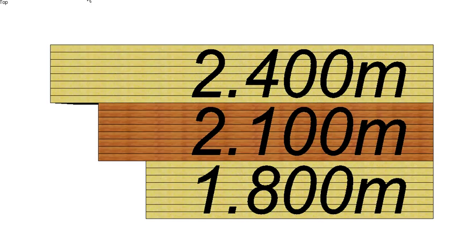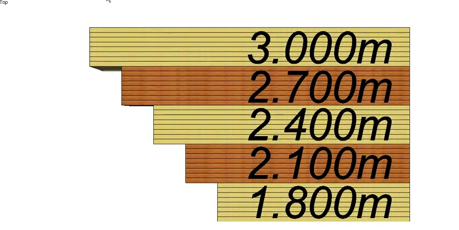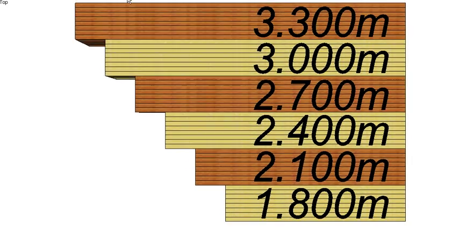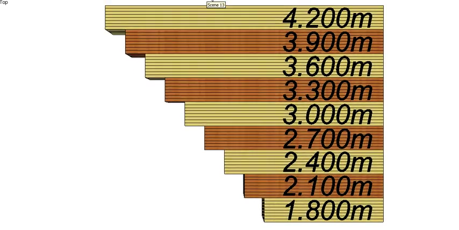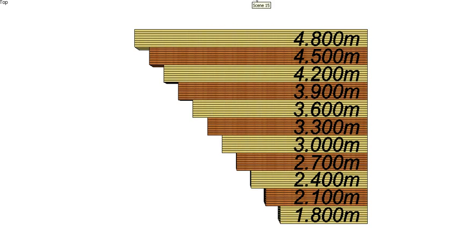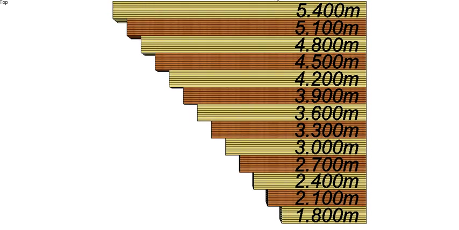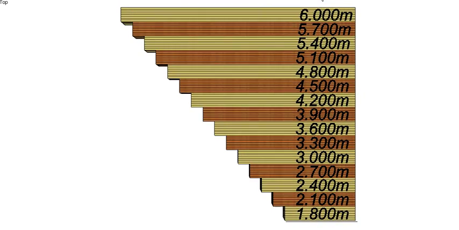So 2.1, 2.4, 2.7, 3 meters, and so on, all the way up to 6 meters long. Most natural timber you'll be able to get in 6 meter lengths, but you won't get much beyond that.